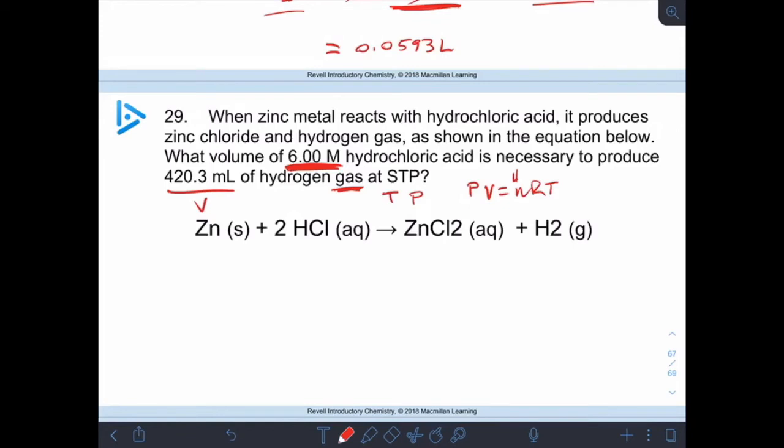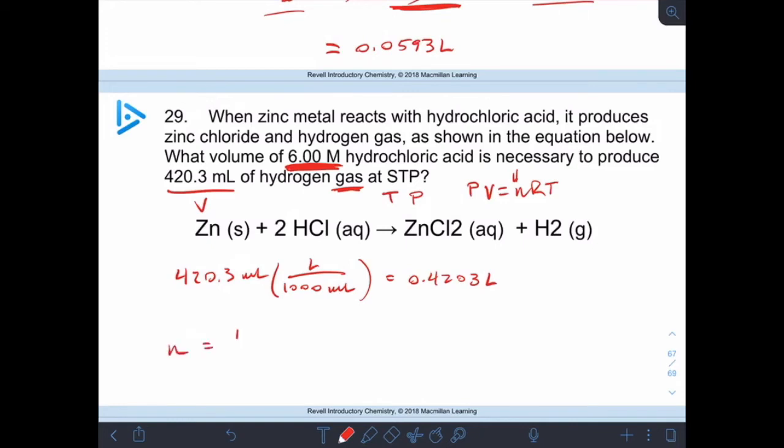So we need our milliliters in liters for our gas problem, because the units of R are in liters. And then the rest we have 1 atmosphere and 273 Kelvin. That's STP. Okay, so let's go ahead and rearrange PV equals nRT and solve for n.